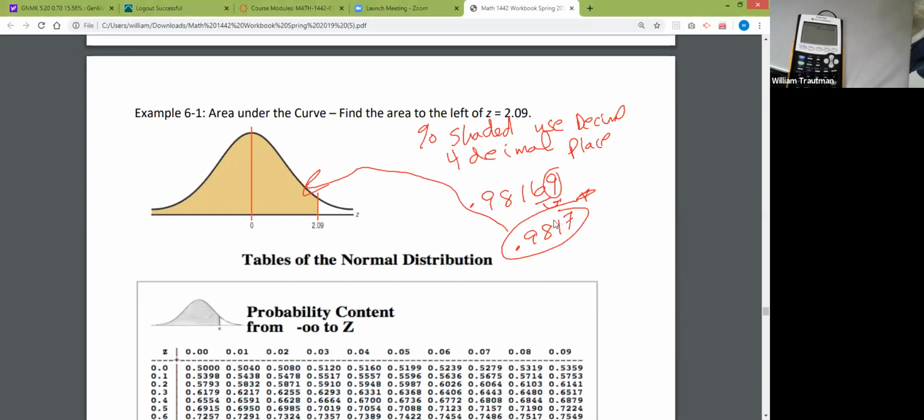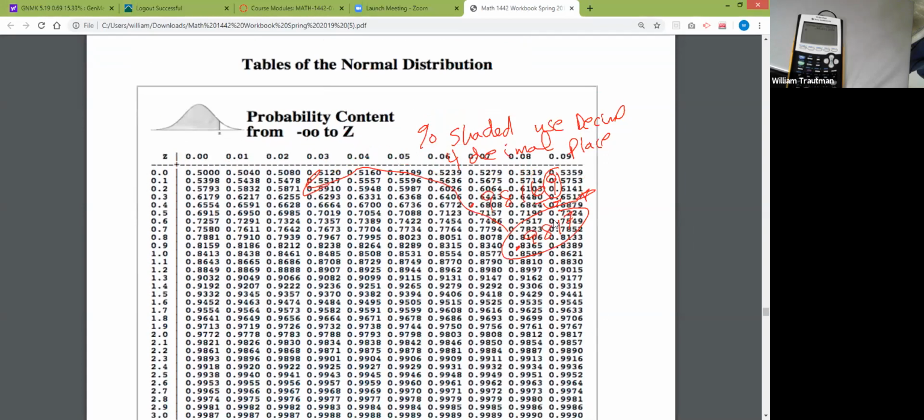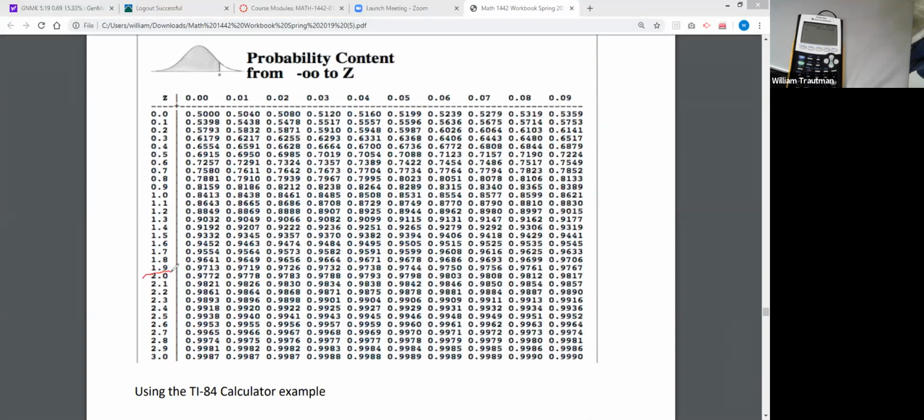I'm going to now scroll down. If you look at this, I'm not going to do any more tables. I'm going to do one more though. Let's look at this table right now. Do you see from the left of 2.09, see here's the 9, 2.09, oh, it's right there.